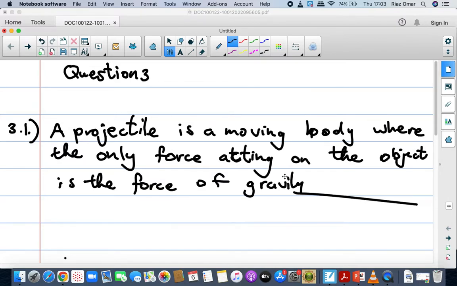What I want to emphasize here to you now is that you should not lose marks for definitions.